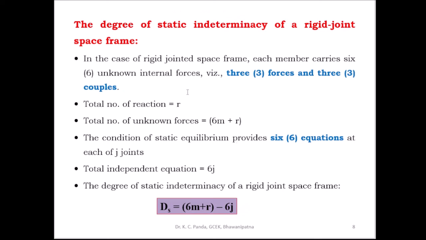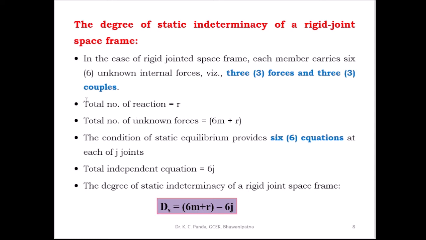Then we will discuss how to determine the degree of static indeterminacy of a rigid jointed space frame. You know, in a rigid jointed space frame, each member carries 6 unknown internal forces, 3 forces and 3 couples. Total 6 forces are carried by each member of a rigid jointed space frame.